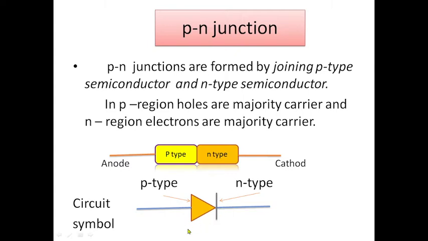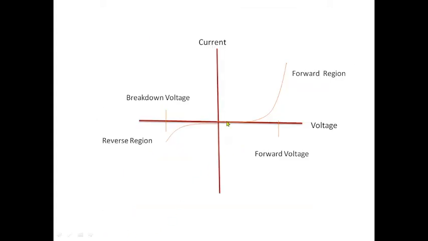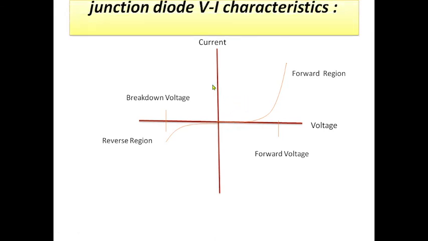But when the battery is reversed, current will be blocked, because the diode only passes current from P type to N type, not N type to P type. So we get these characteristics. This is junction diode VI characteristics.